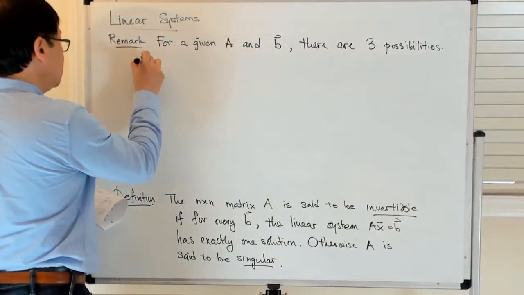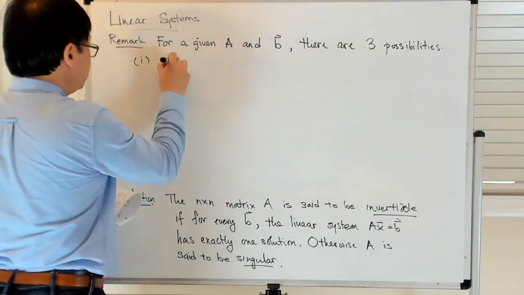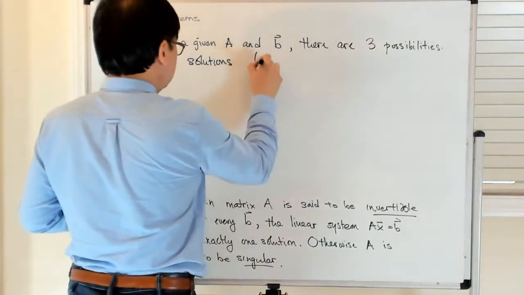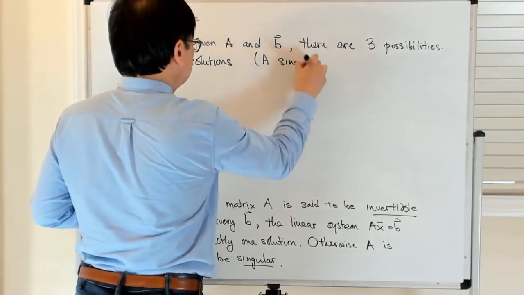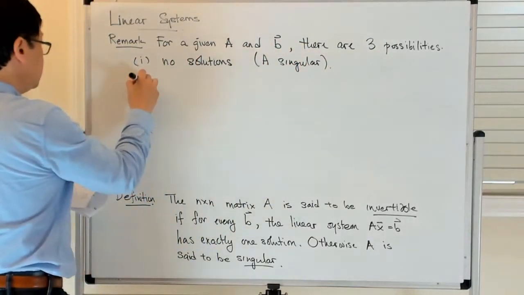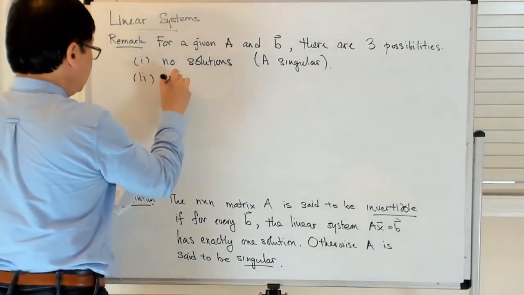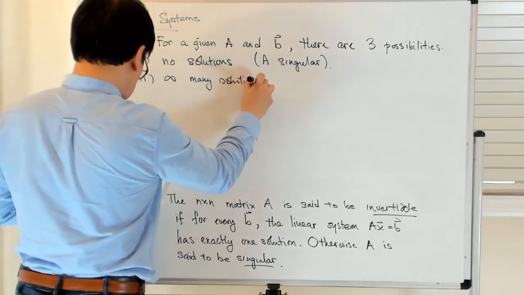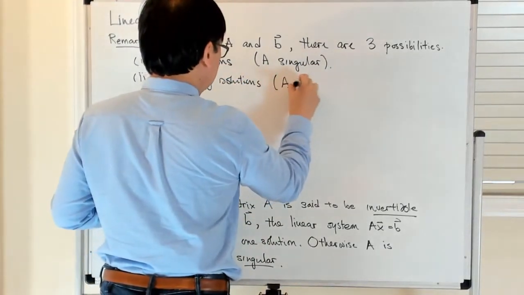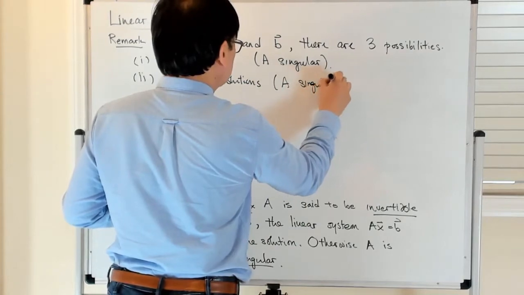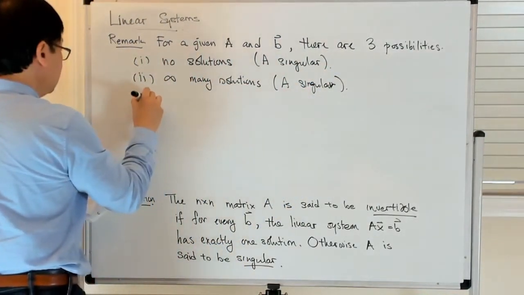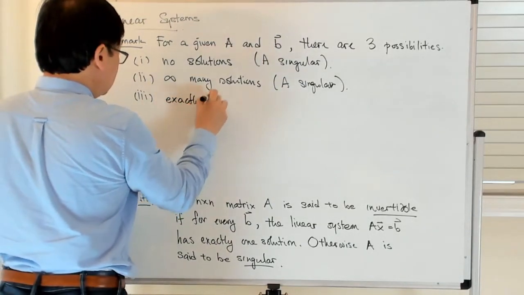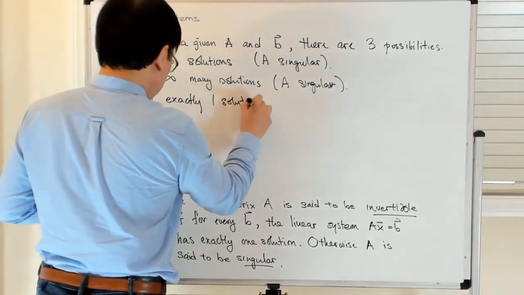The possibilities are that there are no solutions, so A is singular. The other possibility is there are infinitely many solutions, so again A is singular here. And the third possibility is that there's exactly one solution, which means that A is invertible.